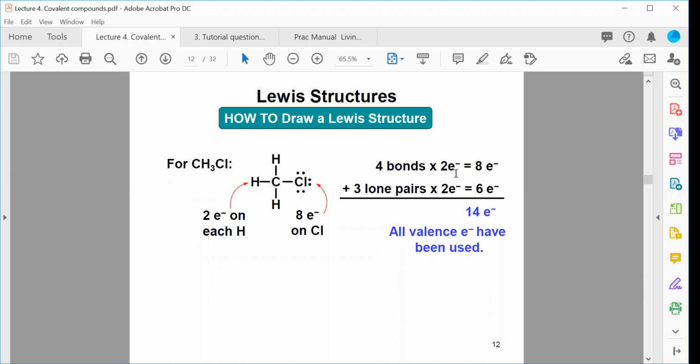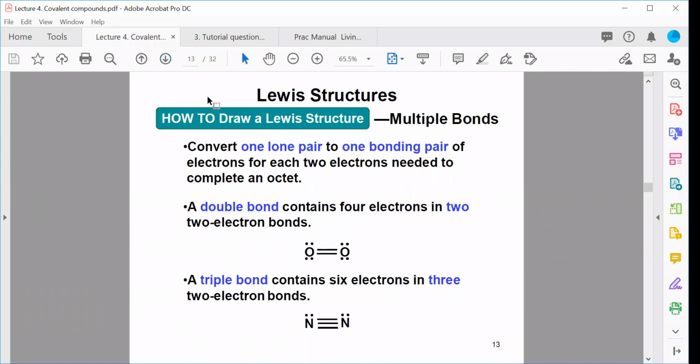We've got 4 covalent bonds, each one worth 2 electrons for a total of 8. We've got 3 lone pairs on the chlorine for a total of 6 electrons. So we have used up all those 14 electrons. So that's pretty straightforward. And that brings us to the topic of multiple covalent bonds.